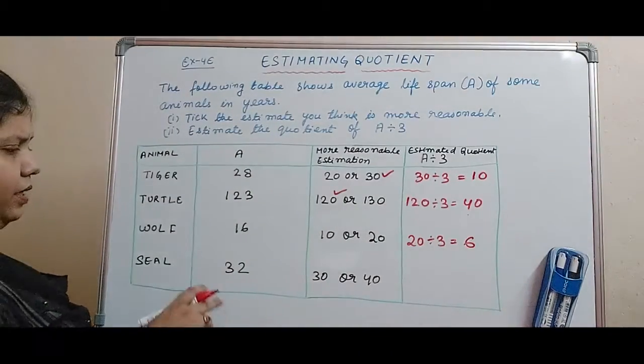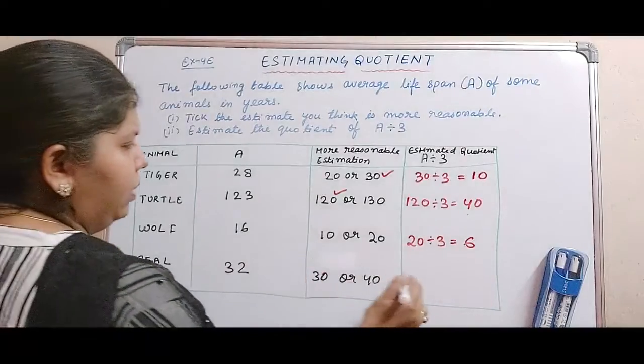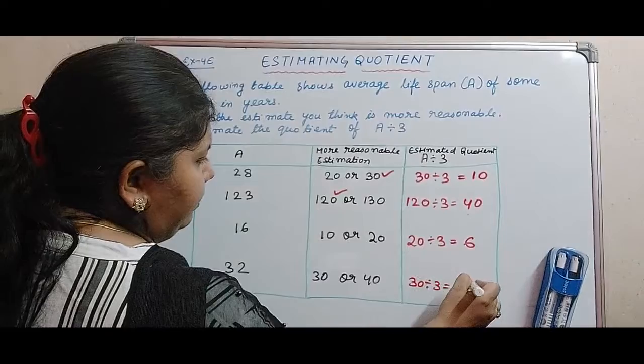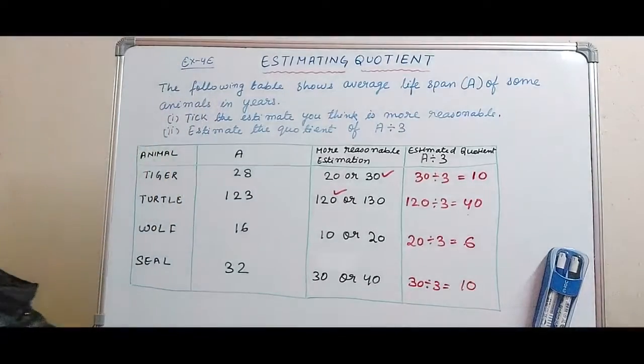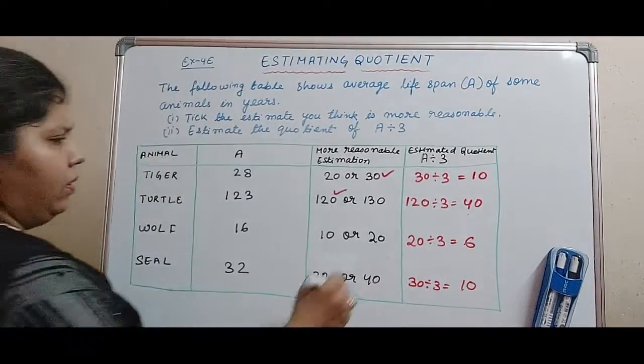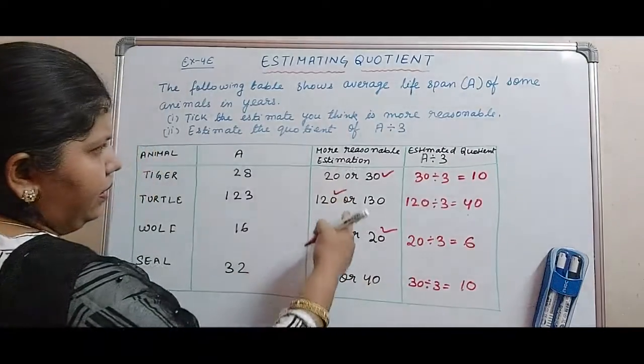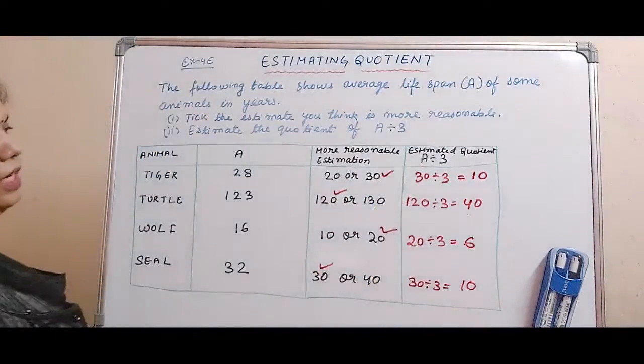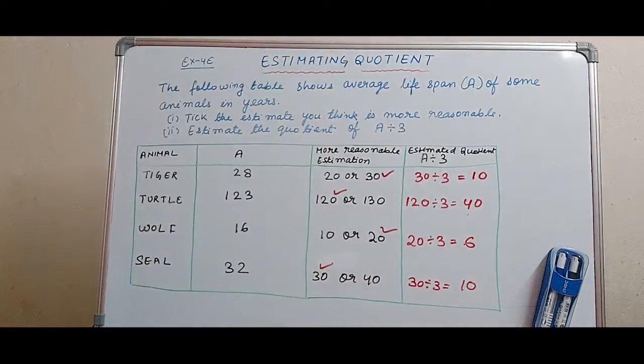Next, seal: 32 is closer to 30, so 30 divided by 3 is 10. In this way we have found the reasonable estimation and the estimated quotient.